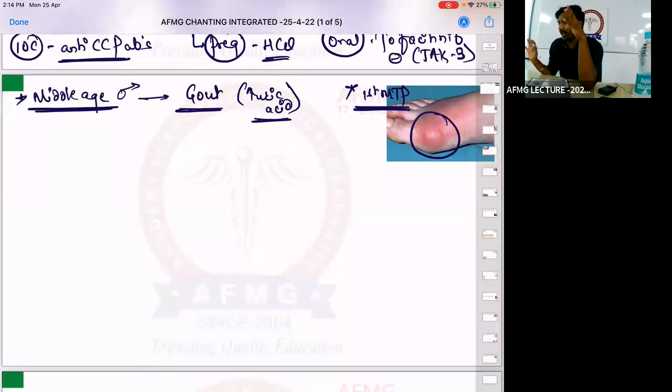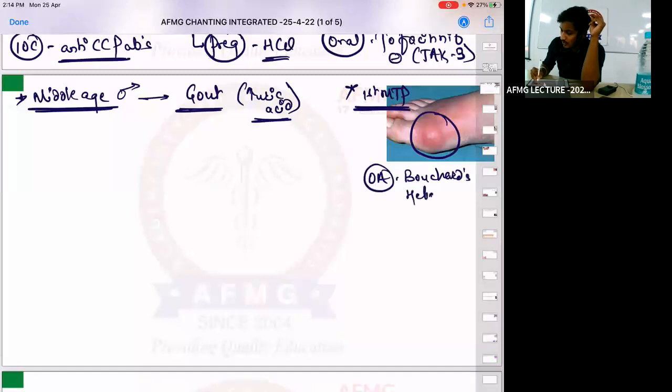Apart from the first MTP joint, a patient of osteoarthritis coming to you with extreme, excruciating pain, redness and inflammation in the Bouchard's nodes or the Heberden's nodes can also be a case of gout.